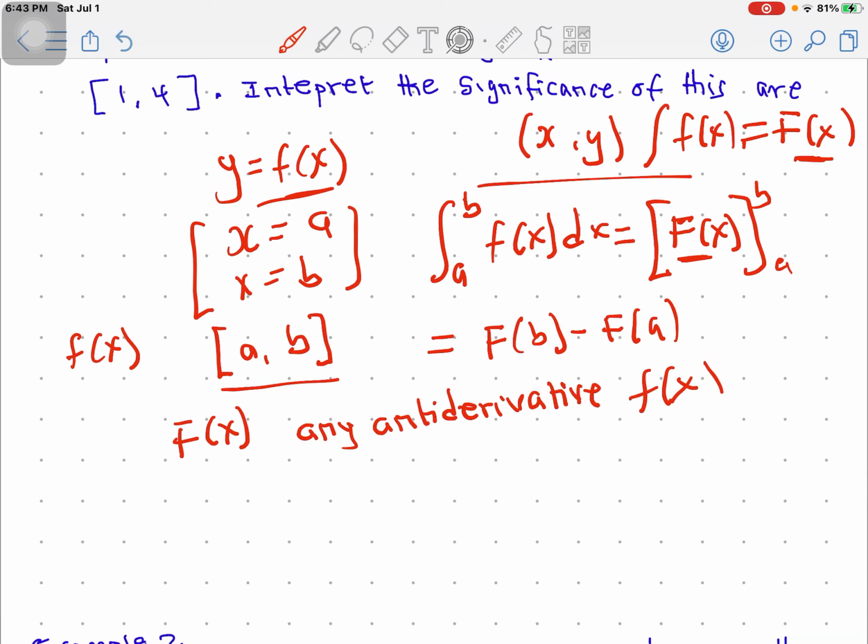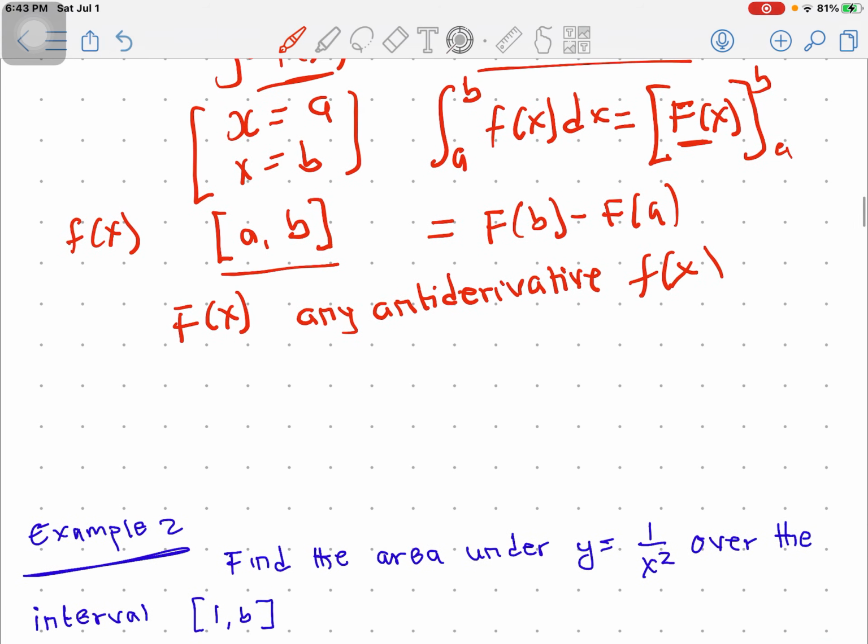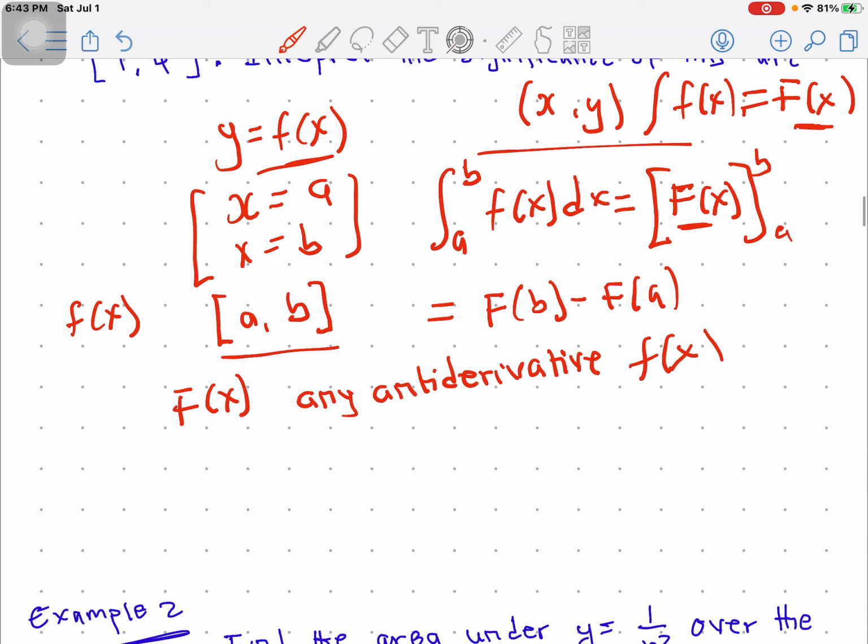We should note over here that any antiderivative of the function f of x will work in the above theorem. Any antiderivative of the function f of x will work in the theorem that we have discussed right now.